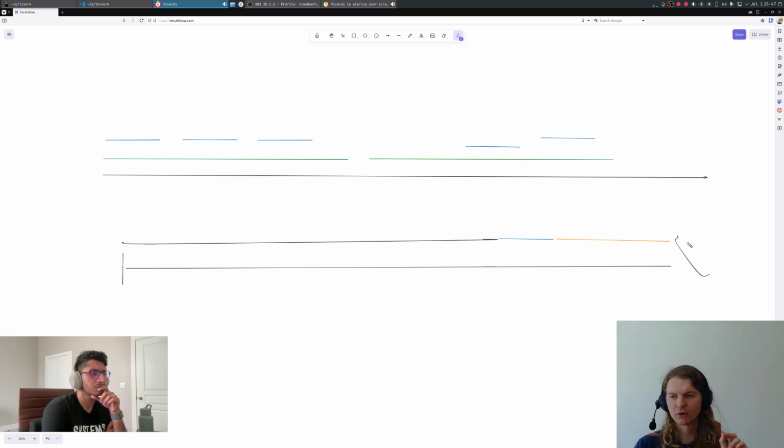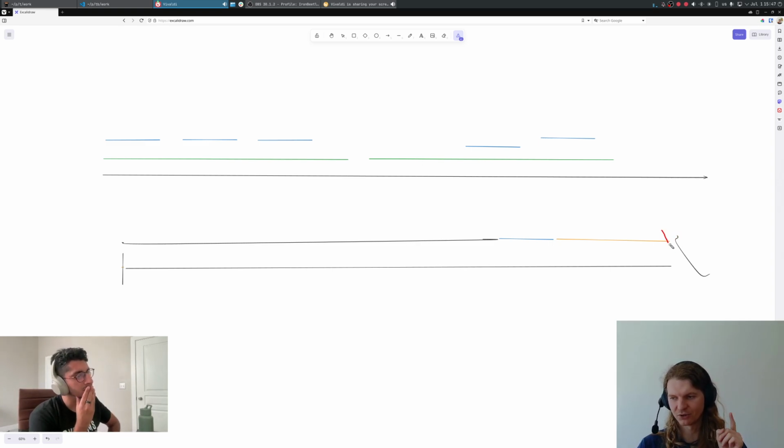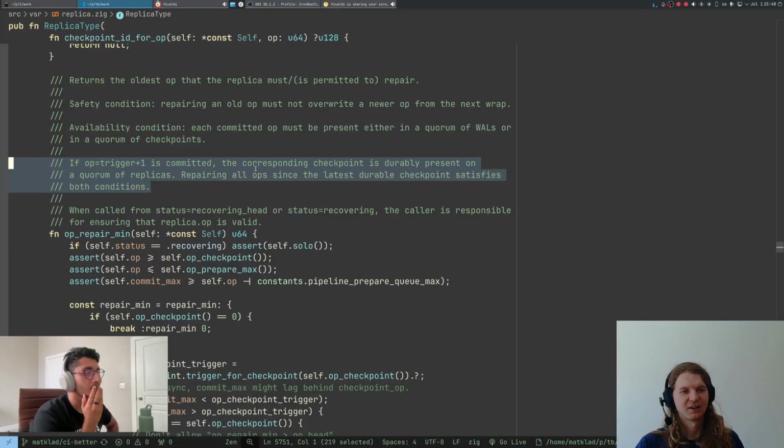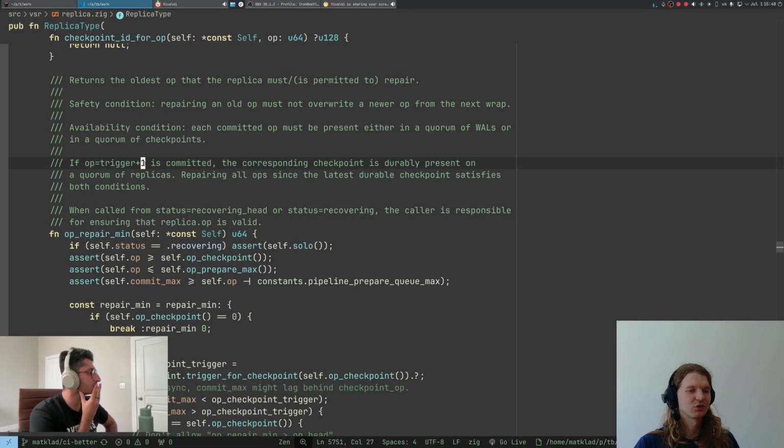So we can prepare stuff here. And this one, as a reminder, is prepare max. So kind of like a trivial fix is to say that this is not op trigger, but op prepare max +1.